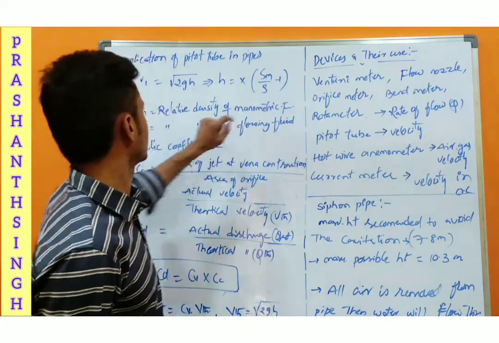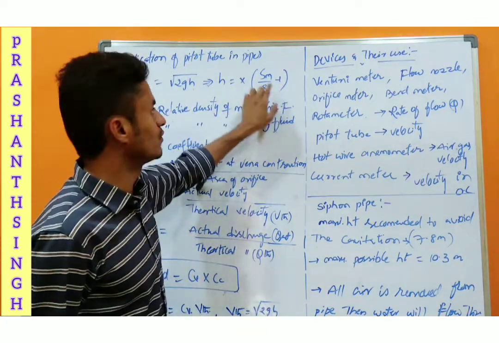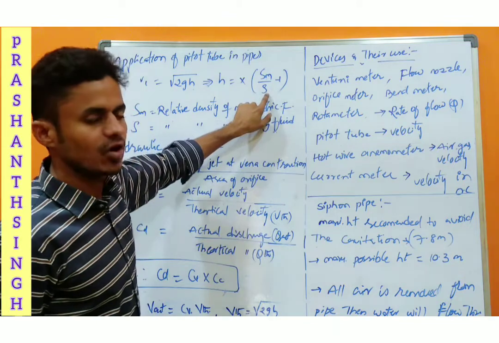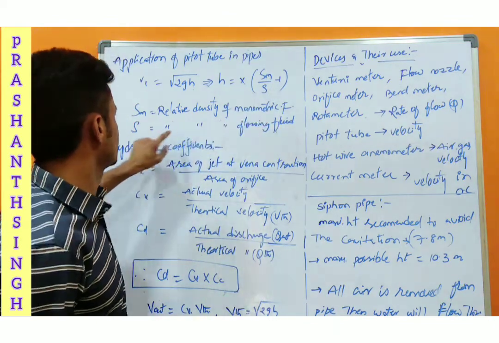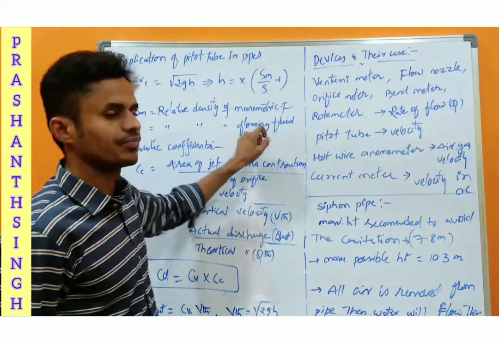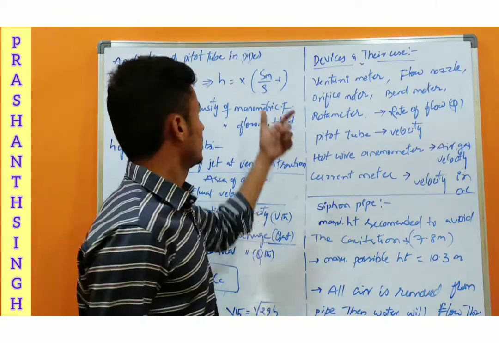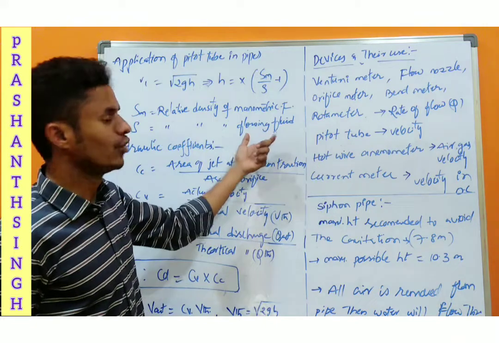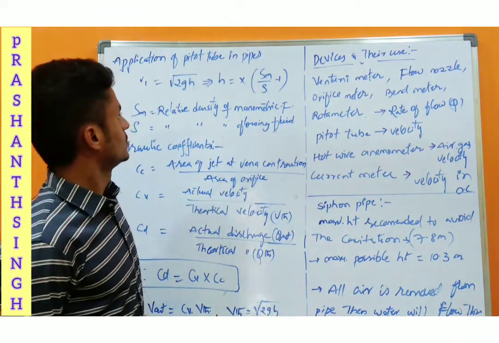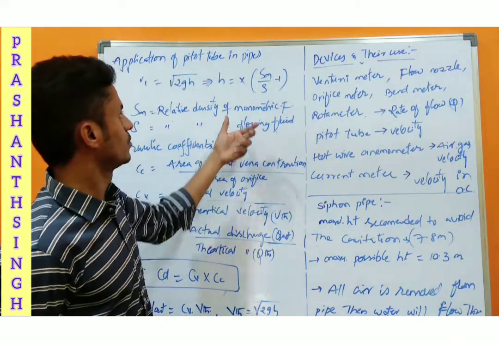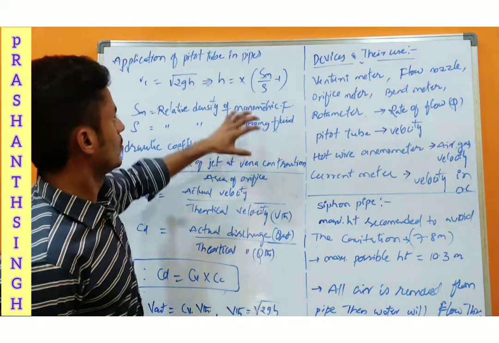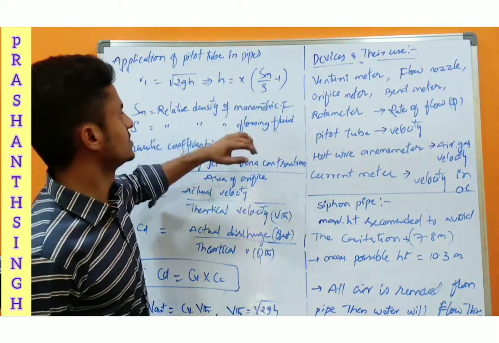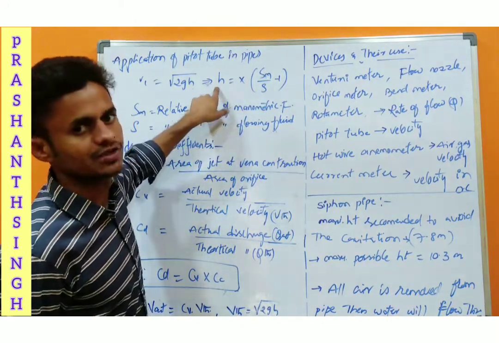What is Sm here? The relative density of the manometric fluid, and small s is the relative density of the flowing fluid. In the pitot tube question, he will give what the flowing fluid is, so according to the question we can use this. In some questions, he will directly ask the H value.